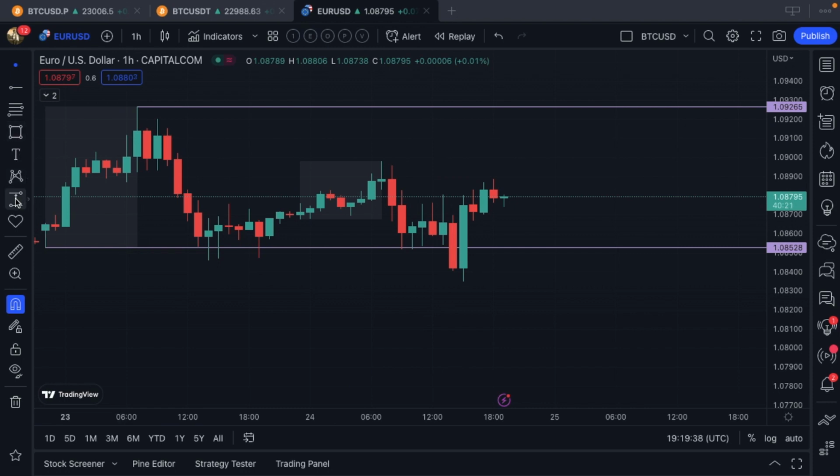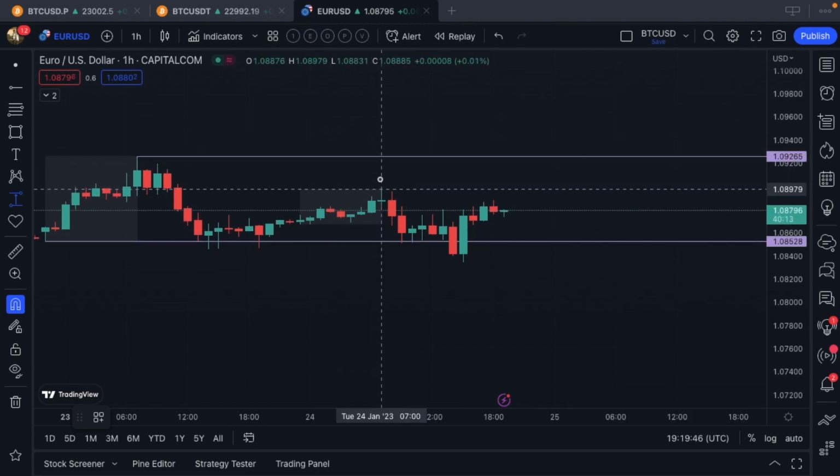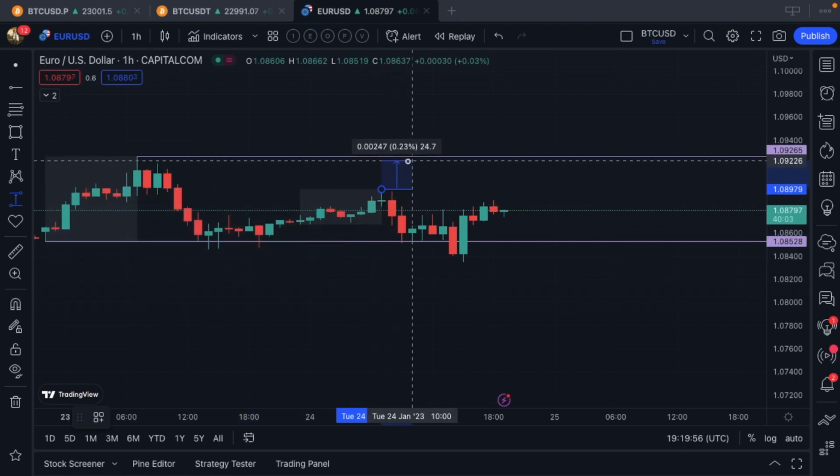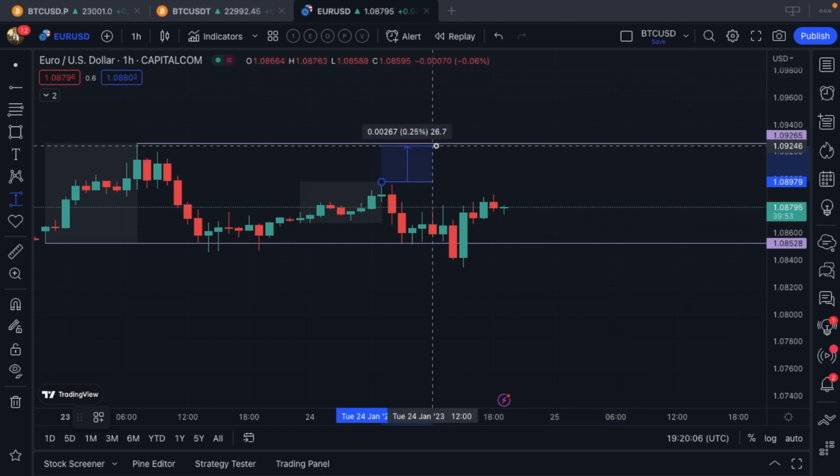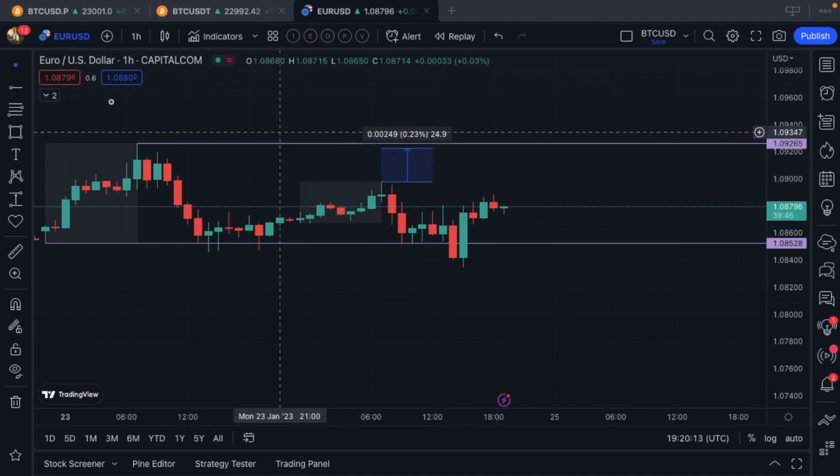Well, we are going to mark off from the high. Let me just shrink this a bit to give me the space. From the high, you're going to mark out 25 pips, or 24.9, that's close enough.